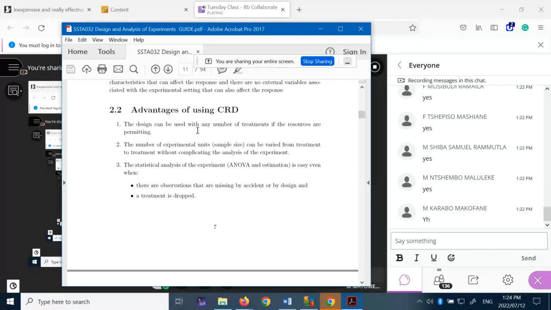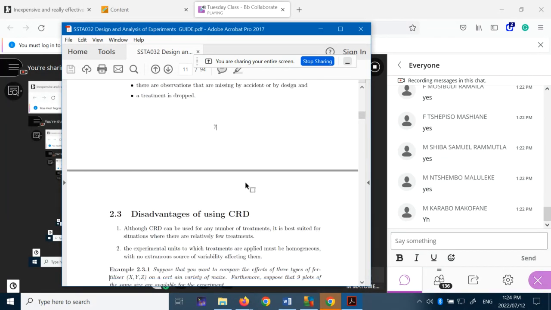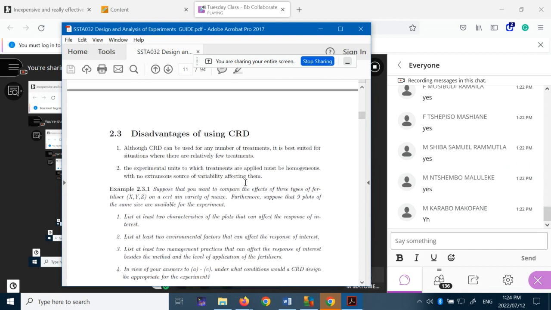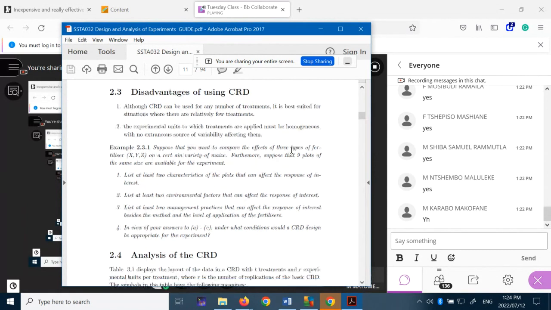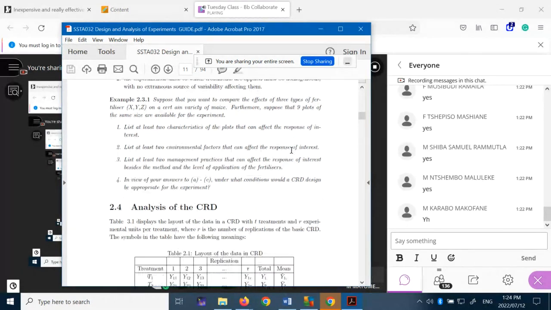These are the 3 advantages of CRD. If you check these advantages, they're not complicated at all. The disadvantages will follow, but please go through the disadvantages that are there for you.